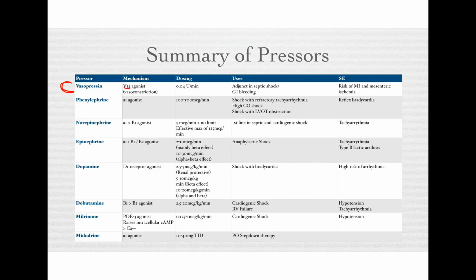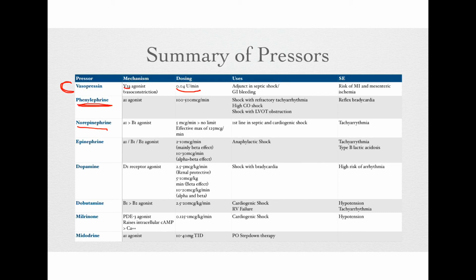It's typically administered in a fixed dose of 0.04 units per minute and is often helpful in patients with GI bleeding that are related to shock, as it can cause vasoconstriction, particularly of the mesenteric vessels. And it's often a useful adjunct in patients with septic shock, next to norepinephrine.